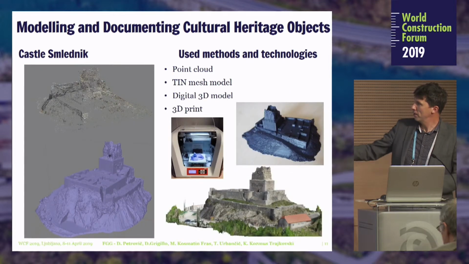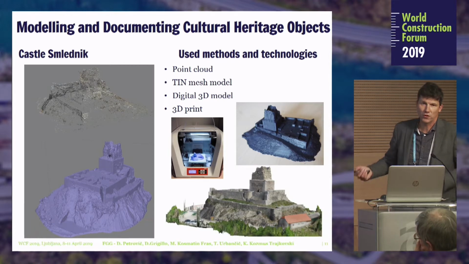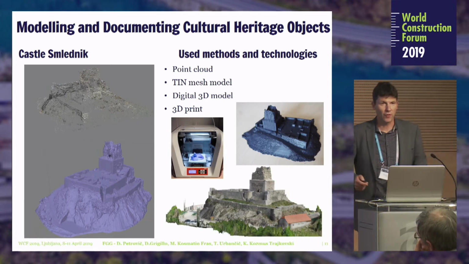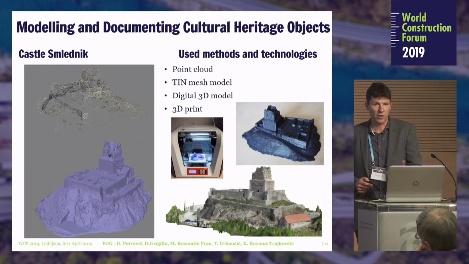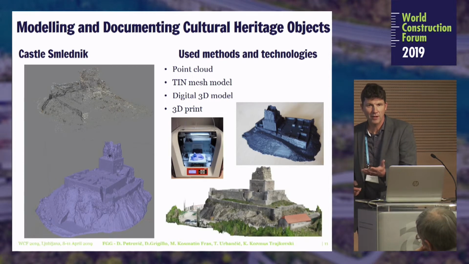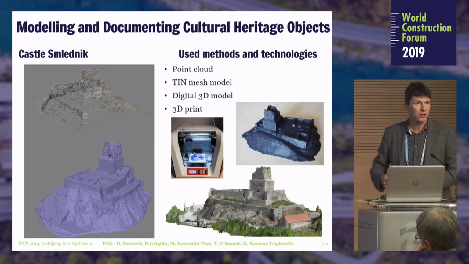From them, first the point cloud, then the thin mesh model, and finally the complete digital 3D model, which of course can also be printed as a 3D model. For some of the users, it's still easier to work with a physical model, not with a virtual model on the computer.